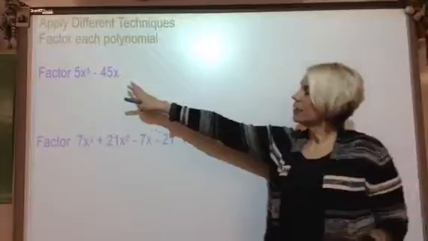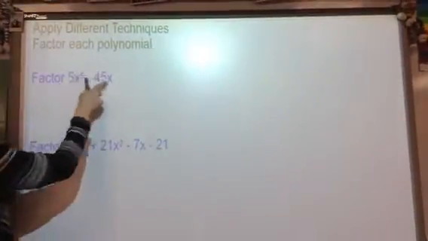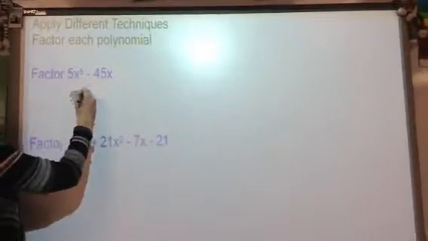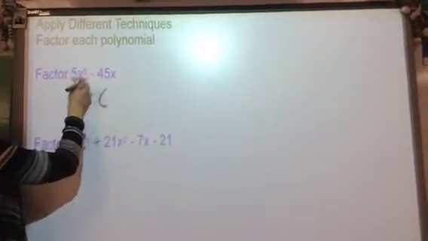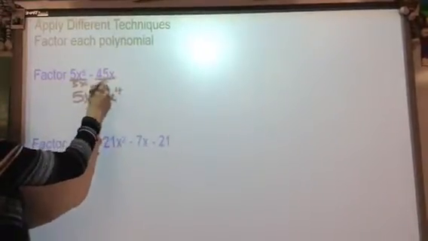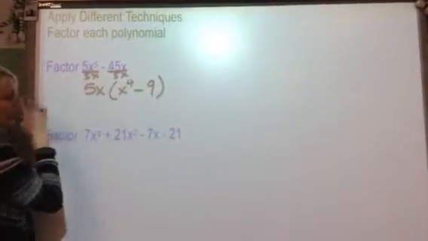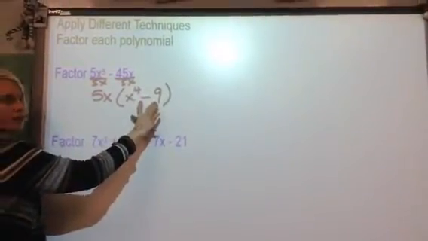Now if you will look, we have a common factor to start. So I can divide both of these by 5, and I can divide both of these by x. So when I divide by 5x, I get a 1, and that'd be x to the 4th. Divide this by 5x, and I get minus a 9, and the x's cancel. If you'll look, these are a difference of squares.